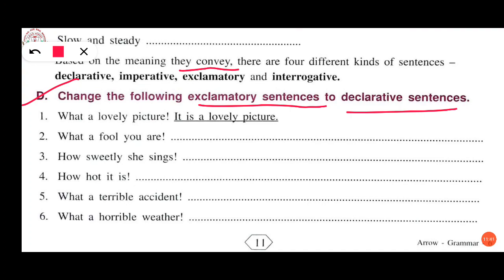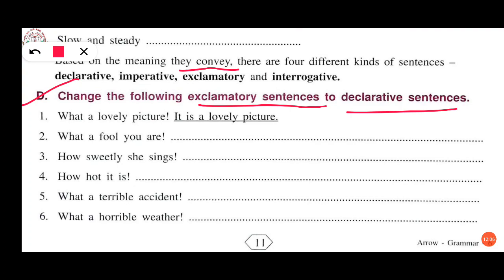Now second one, what a fool you are, exclamation mark. In declarative sentence, the sentence will be like this, you are a fool. Third one, how sweetly she sings, she sings sweetly, full stop.